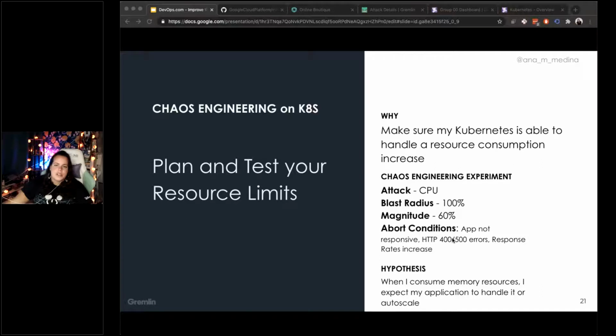Our abort conditions are going to be a little bit more specific because we are going to be injecting a little bit more of an impact in our cluster. We want to make sure that if our application is not responsive when we consume memory resources, or we start seeing any HTTP errors around 400s, 500s, or we see our response rates increasing over 5 milliseconds, we want to go ahead and stop that.